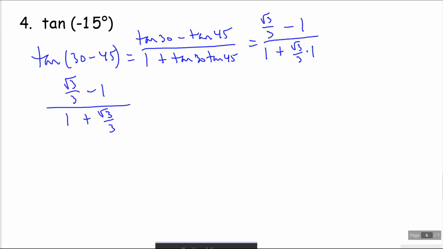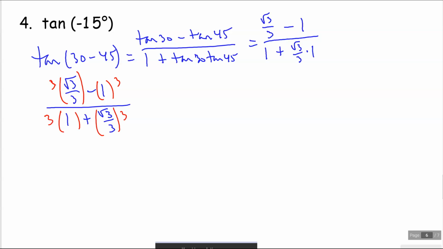Okay, so now I'm going to teach you a little algebra trick here, because what we have to do, what we did in the last problem, is multiply by the conjugate. But if I do that the way it is right now, it's all fractions and it's ugly. I don't like having all these fractions, so we can get rid of them. If we multiply everything by 3, in reality what we're doing is multiplying the top by 3 and the bottom by 3.